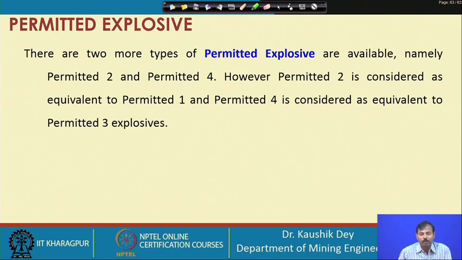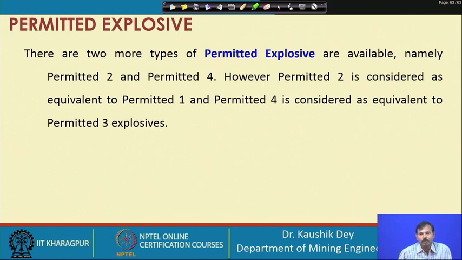But you may ask where are the permitted 2 and permitted 4 explosives. The permitted 2 and permitted 4 explosives are basically developed for avoiding the patent problem. Permitted 2 is basically equivalent to permitted 1 explosive. So, it is developed to avoid the patent. Permitted 4 is equivalent to the permitted 3 explosive.